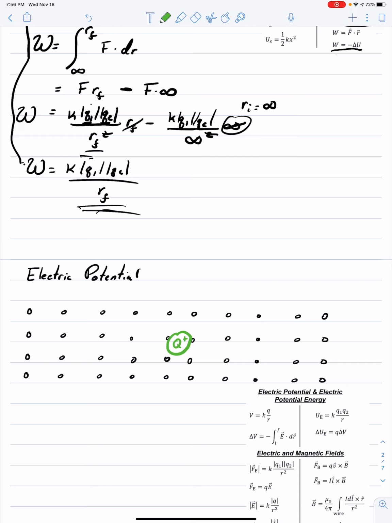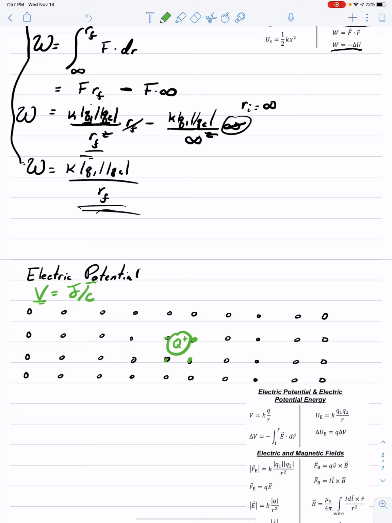So electric potential also depends on the distance. So right here, you would see a high electric potential. And electric potential is denoted as V. And V is equal to, in units, joules per coulomb.